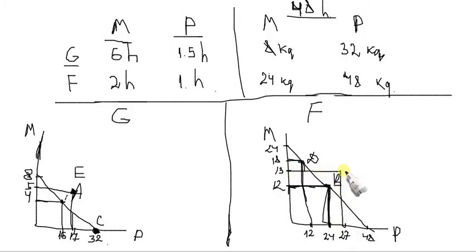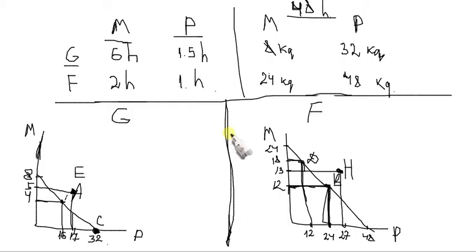When we combine these points, we'll have this point here. We will denote it with H. It is again higher than point B, which was the point without trade. And this is the simple example of trade.